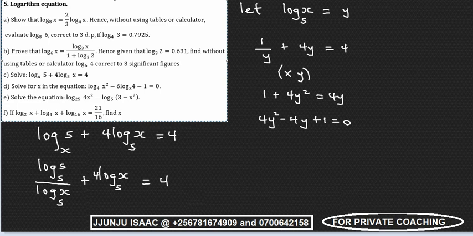So let me use the formula. I have a equal to 4, b equal to negative 4, and c equal to 1.